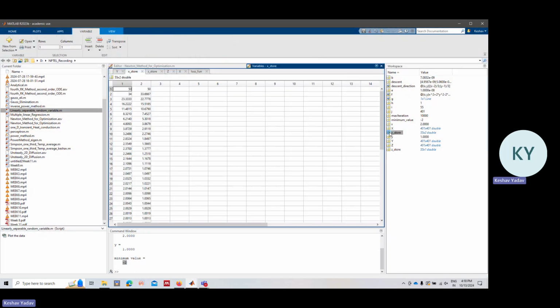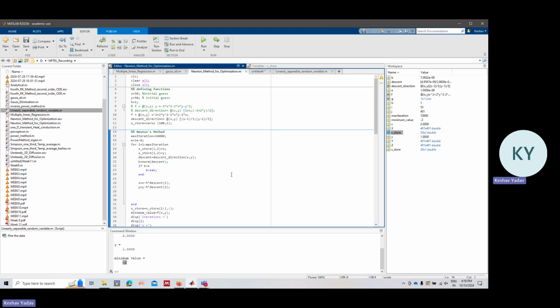If I see the x value first, so I started the x with 50 and 50. It decreased rapidly in some iterations, then close to 2 from here. I think it is quite close to 2 and quite close to 1. It has optimized it.